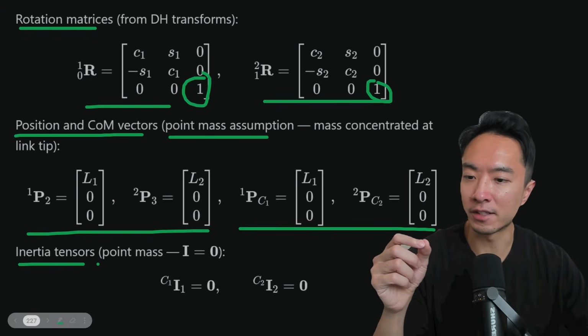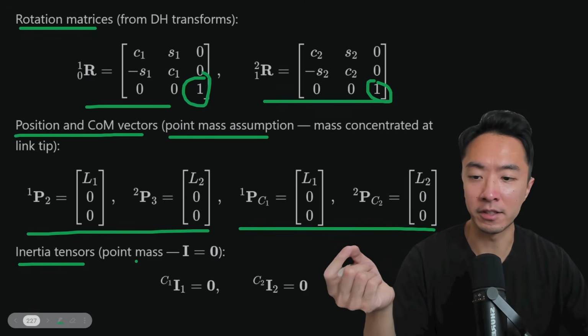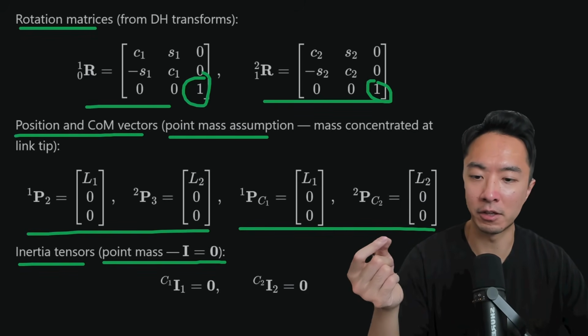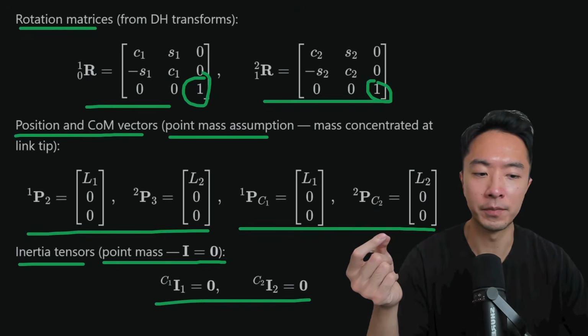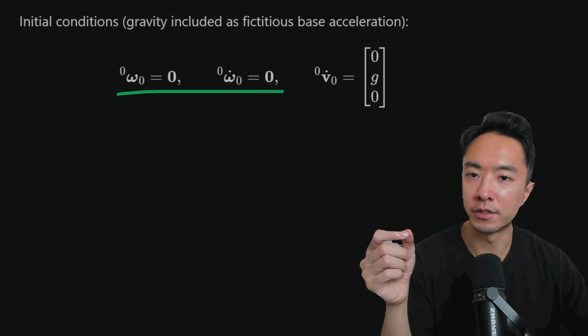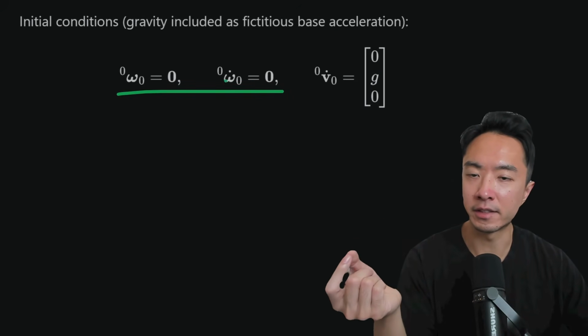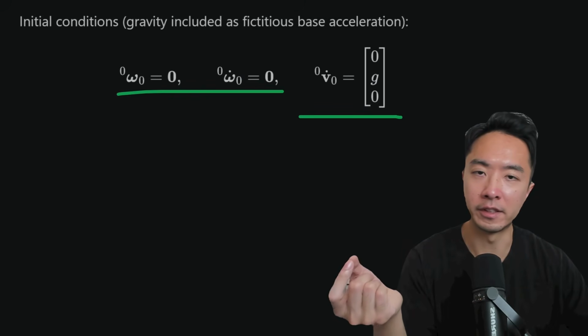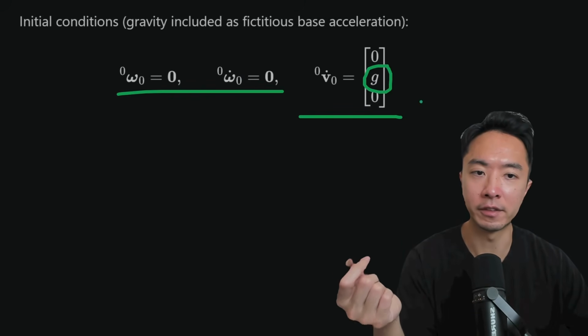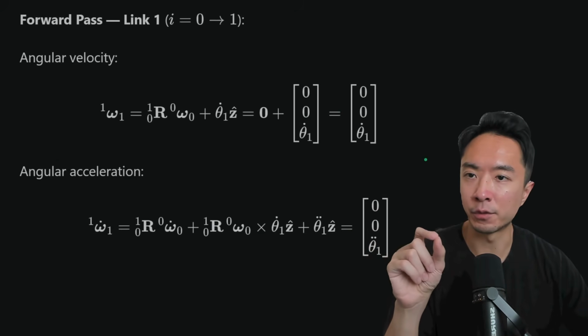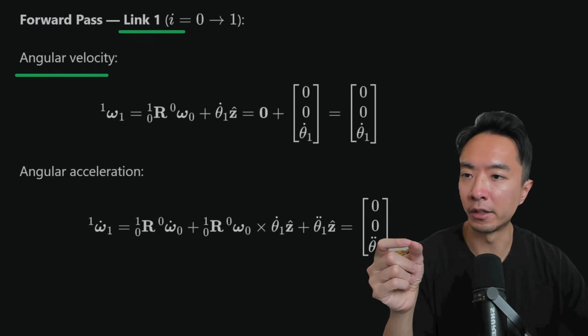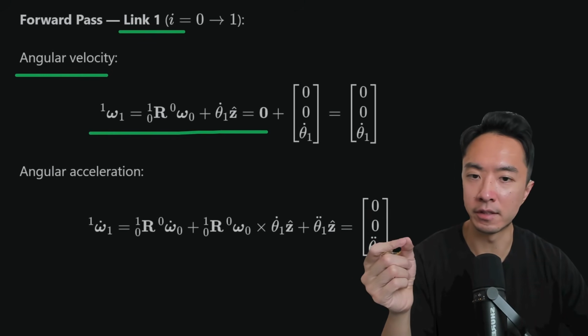And for our inertia tensor, again, we have some simplifications here. Because we have point mass, our I matrix is going to be 0. And for our initial conditions, we have zeros for the angular velocity and acceleration, but for the linear acceleration, we have gravity. So first we do the forward pass for link 1, right? We have our angular velocity, which we use this equation.